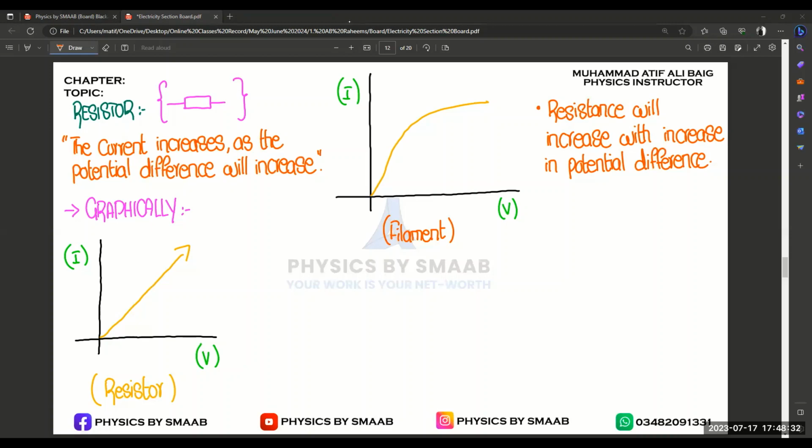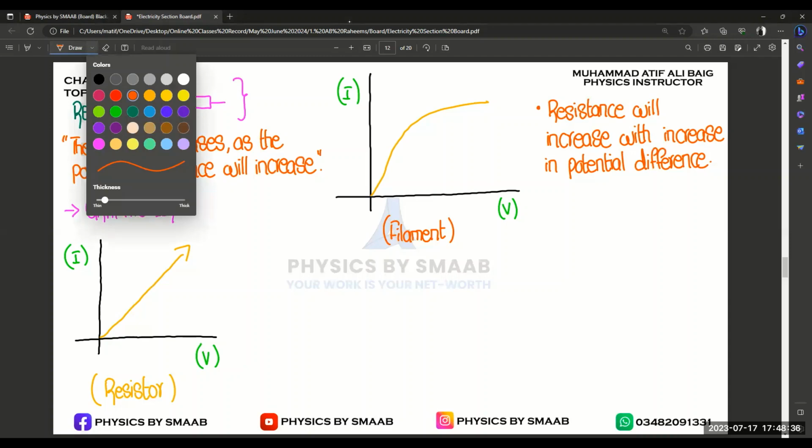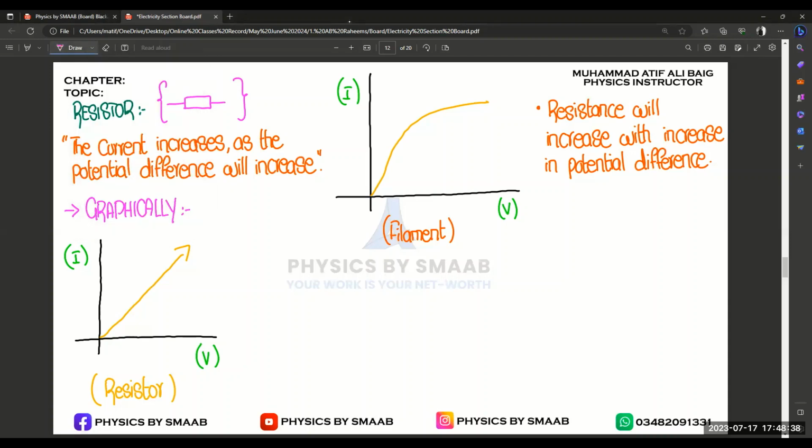Okay, graph. Basically, if we divide the graph into different components, in the initial stage both current and voltage are increasing, right? Consider till this point, because both are increasing, it means that current increases with the voltage. If we draw a straight line, it shows that voltage increases at the same rate as electric current.